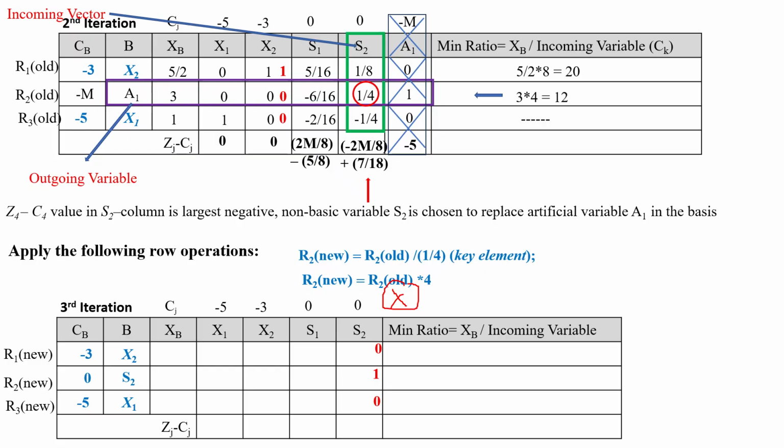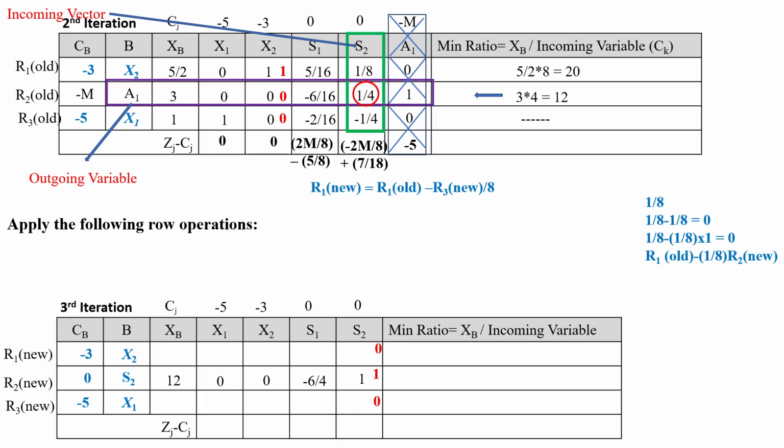So I have to modify the R2 elements by multiplying with 4. Then 3 into 4 is 12, 0 into 4 is 0, 0 into 4 is 0, minus 6 by 16 into 4 is equal to minus 6 by 4, and 1 by 4 into 4 is equal to 1.